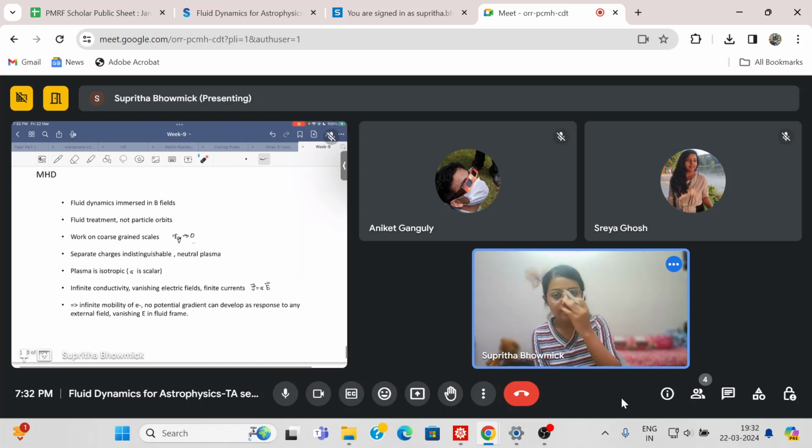All right. So we've established that we're not working at scales where we can distinguish particle orbits. We're working on a much coarser scale where this gyration radius goes to zero.